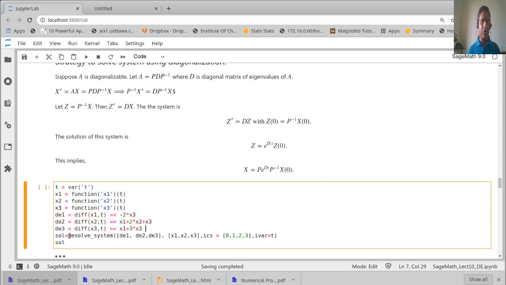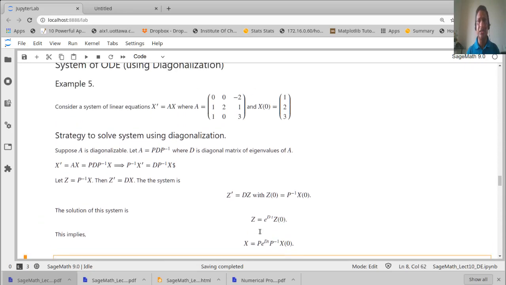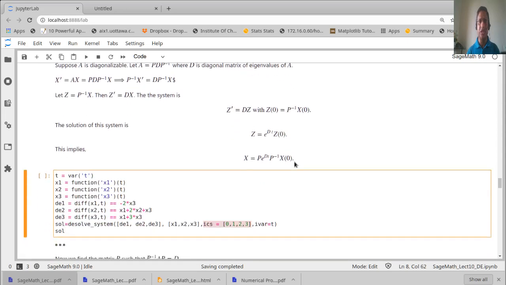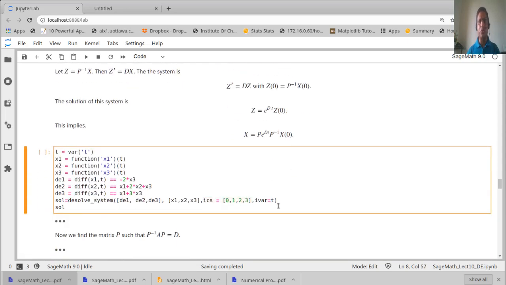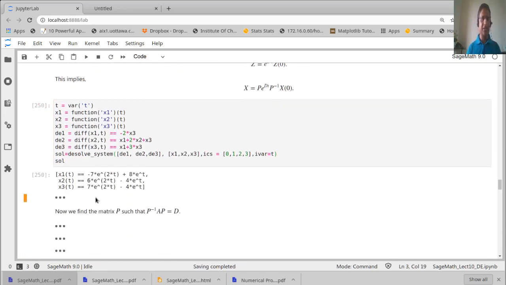And then solve using desolve_system of the list of three equations with respect to variables x1, x2, x3, and the initial condition is x0 equal to 1, 2, 3. So you have to say 0 comma 1 comma 2 comma 3, and the independent variable is t. Let us look at how the solution looks.